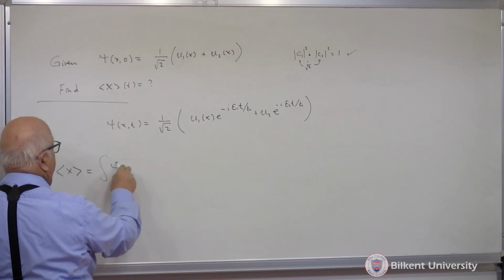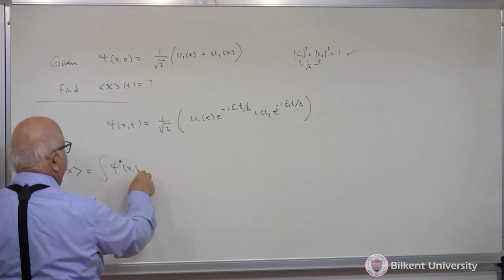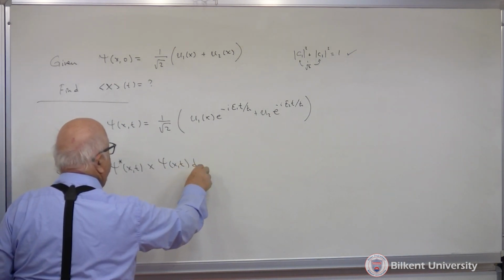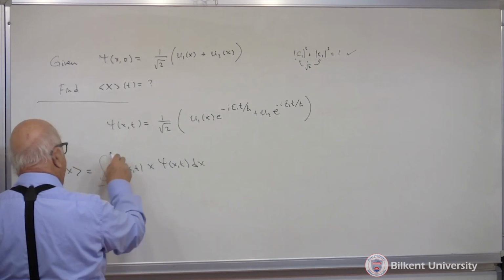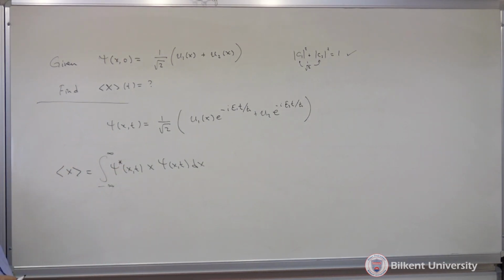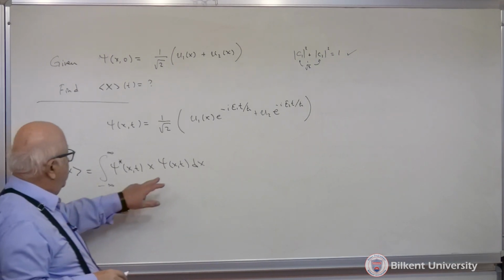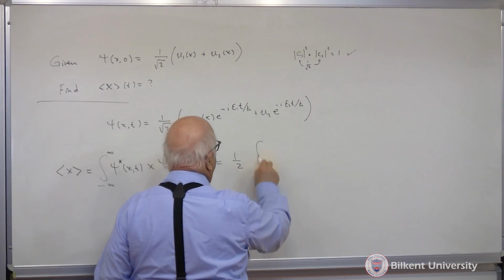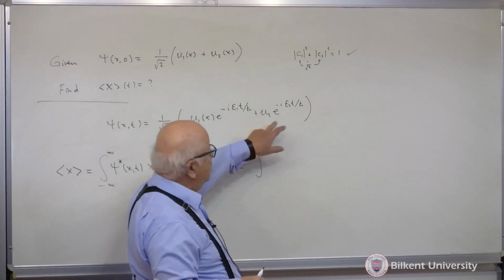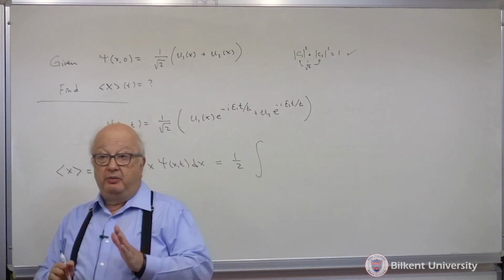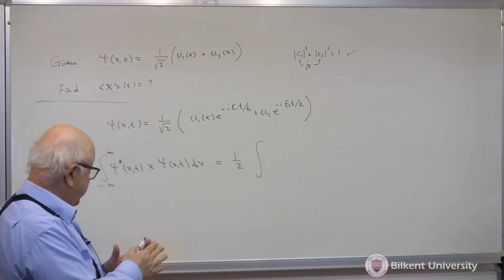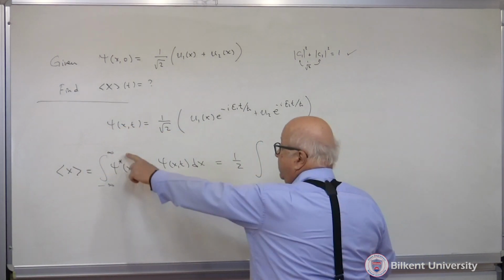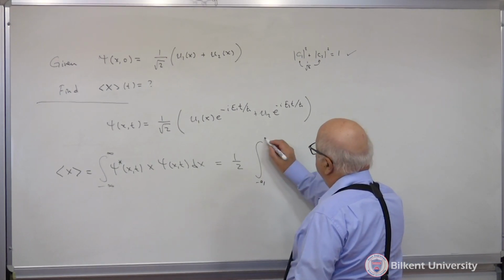So I'm going to write down the integral of psi star x t, x, psi x t dx from minus infinity to infinity. That tells me I'm going to get 1 over 2 times an integral. All of these u's are defined between minus a over 2 and plus a over 2, and are 0 otherwise, so my integral is really between minus a over 2 and plus a over 2.